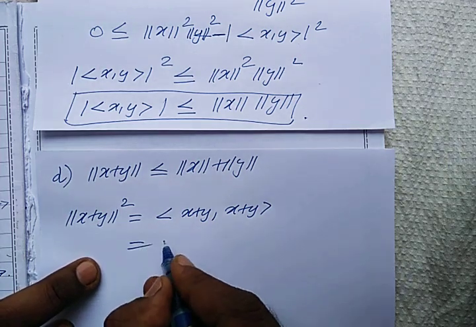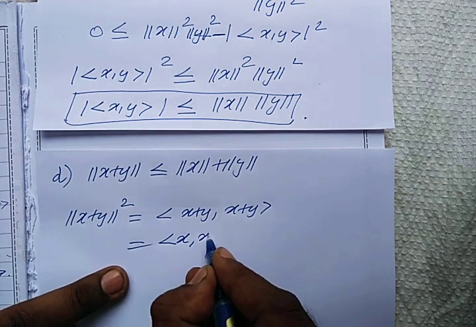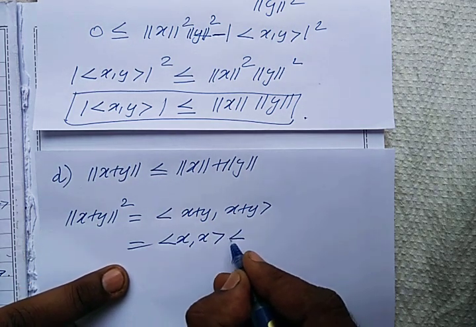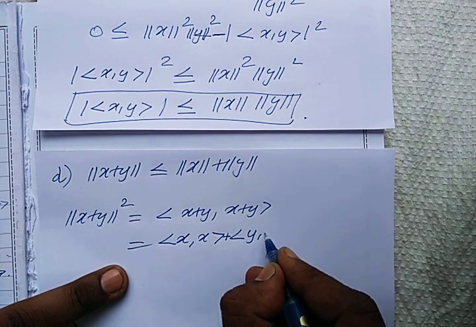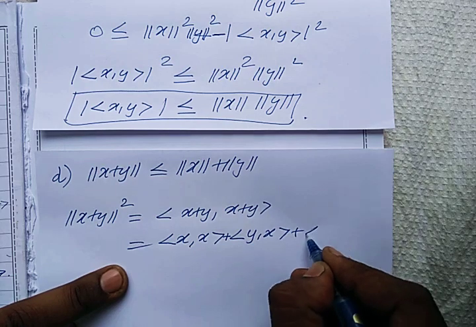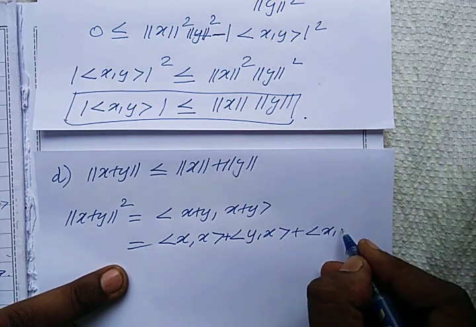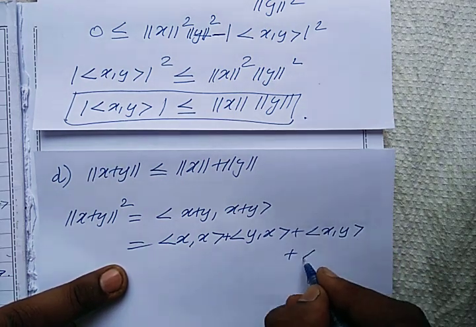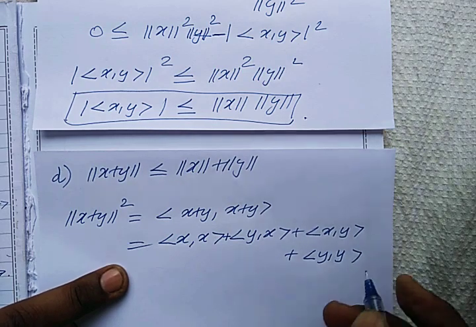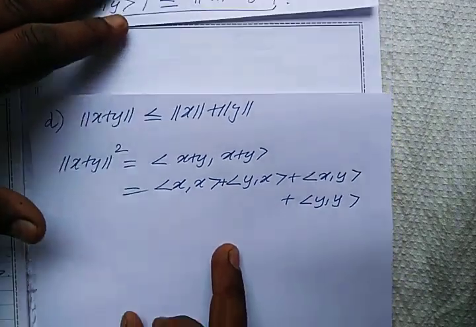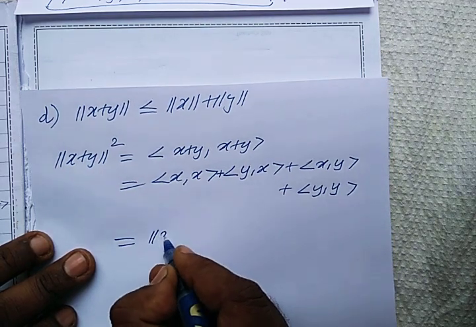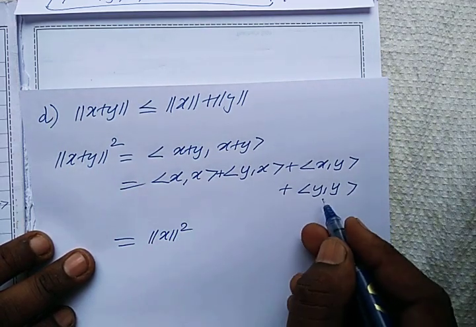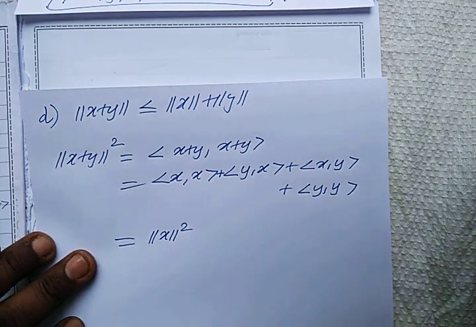If we expand, we get the inner product of x comma x plus the inner product of y comma x plus the inner product of x comma y plus the inner product of y comma y. The first is norm x square and the last is norm y square.